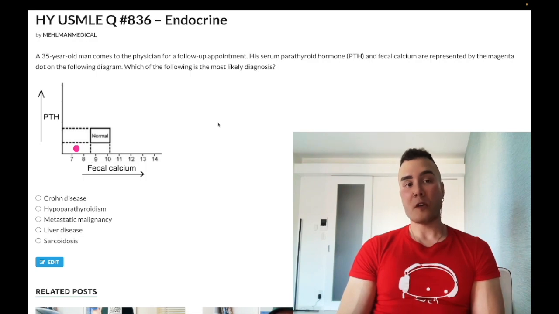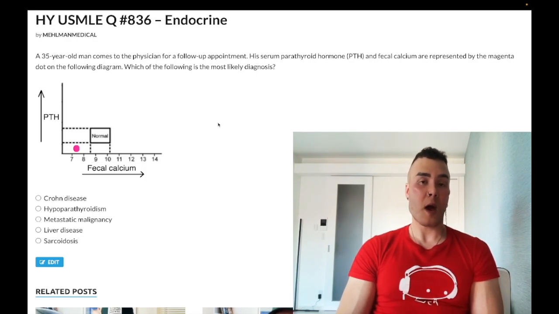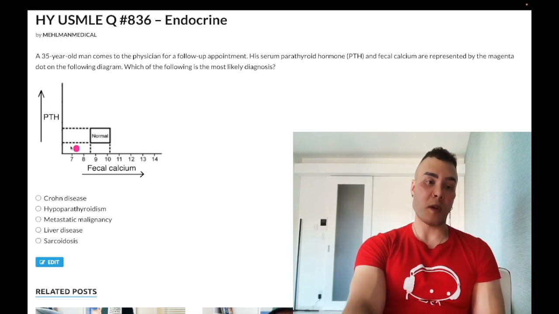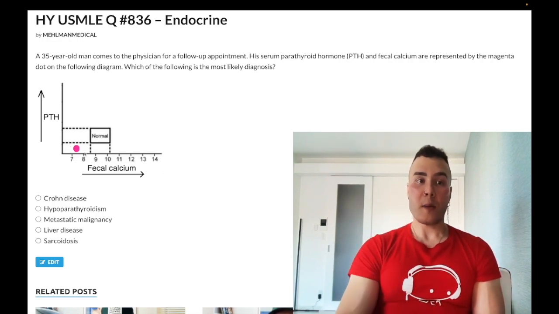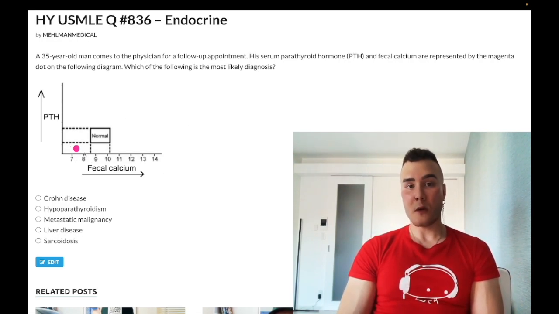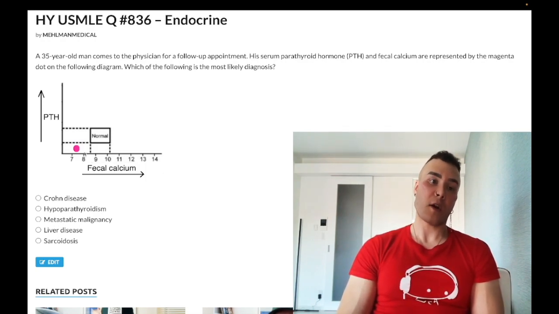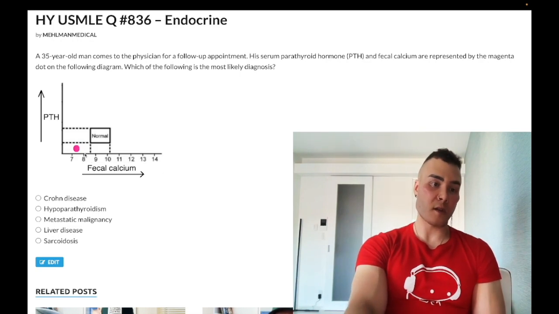So if we have increased 1-alpha-hydroxylase in sarcoidosis, then we're going to have increased 125D3 synthesis, increased calcium pulled from the lumen of the small bowel into the blood. So fecal calcium is going to be low. That makes sense. If we have hypercalcemia as a result, then we're going to have increased negative feedback to the calcium sensing receptors of the parathyroid glands. PTH is suppressed. So our dot is appropriately in the bottom left here.